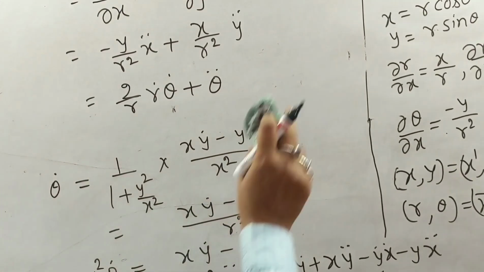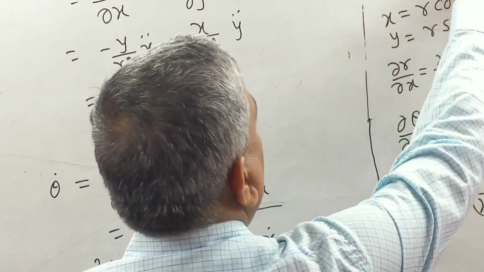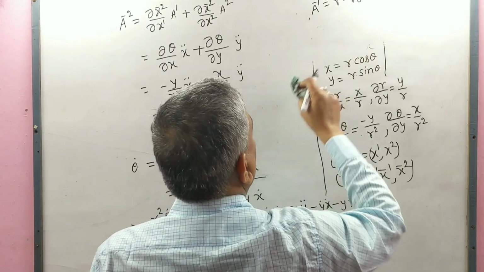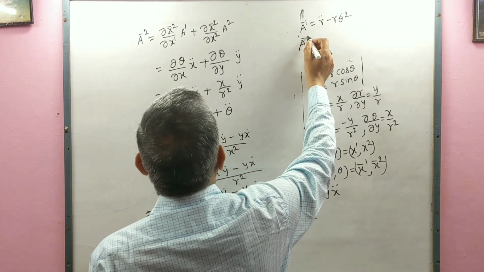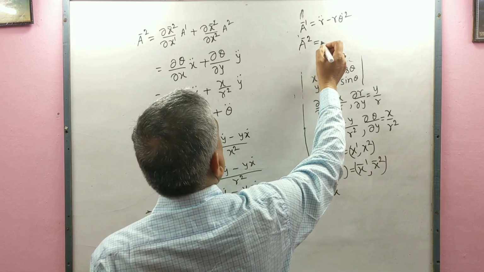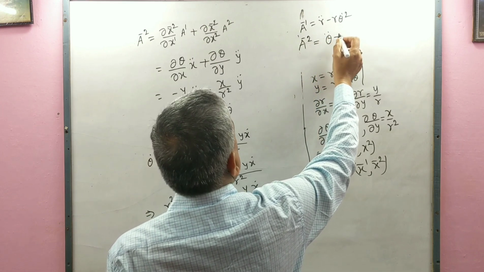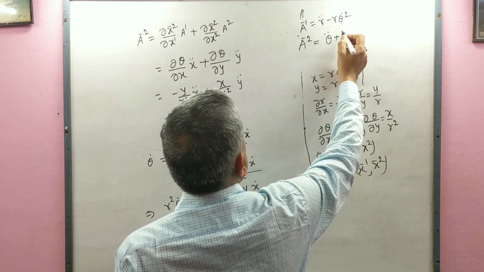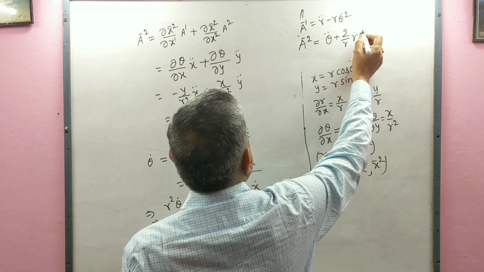So we get a bar 1 equal to r double dot minus r theta dot square, and a bar 2 equal to theta double dot plus 2 by r dot theta dot.